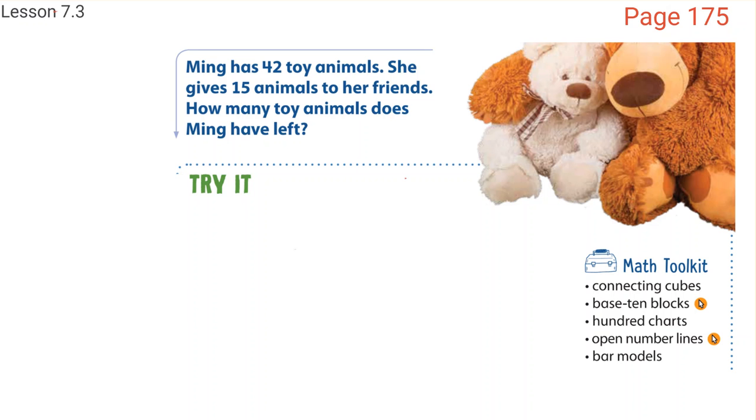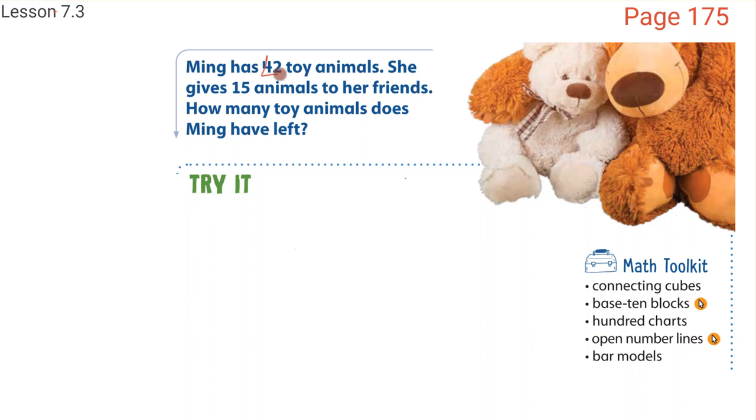All right, so Ming has 42 toy animals. She gives 15 animals to her friends. How many toy animals does Ming have left? Well, let's take a look at this. Ming has 42 toy animals.